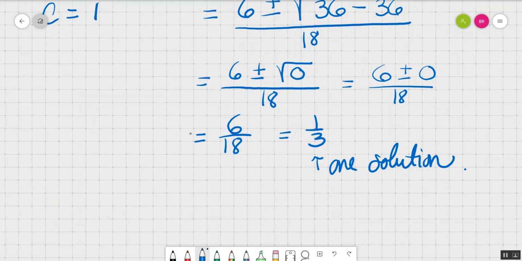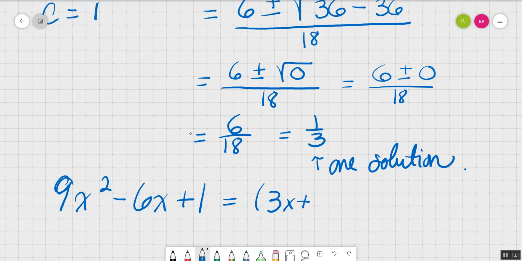If you're wondering why this is happening, it's because when you look back at 9x squared minus 6x plus 1, you can factor this into 3x minus 1 and 3x minus 1. So if you'd have done this by factoring, you would have gotten your two solutions as the same thing. It would have been 1/3, which is kind of fun. Or you can do the quadratic formula. Good times.